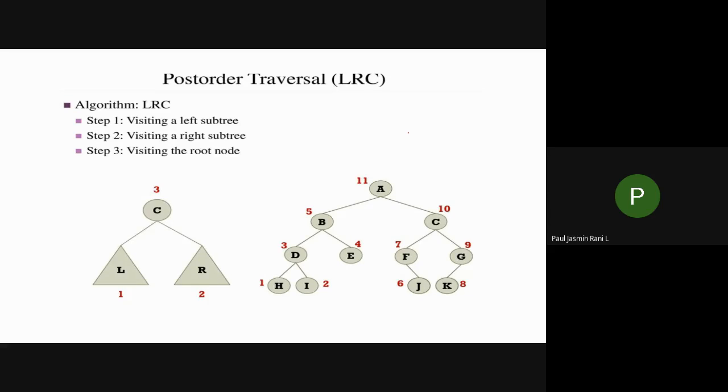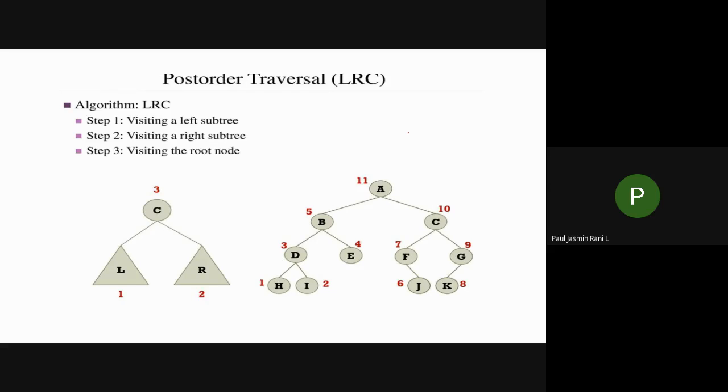So remember this one: in your pre-order traversal, root node is given preference. But in your post-order traversal, children, that is leaf nodes, are given preference first. That too, the left child is given preference rather than your right child.